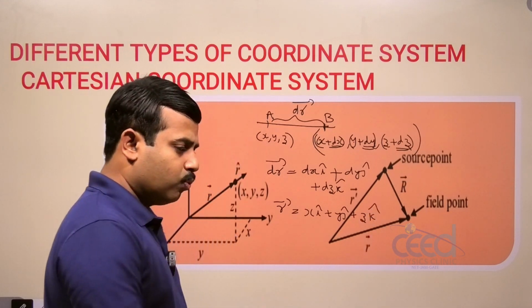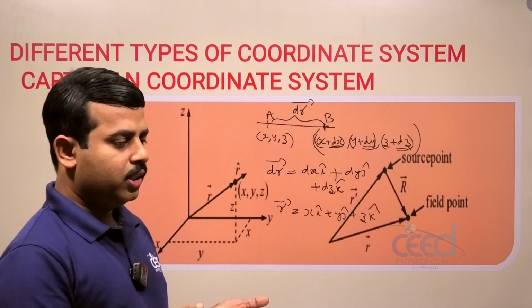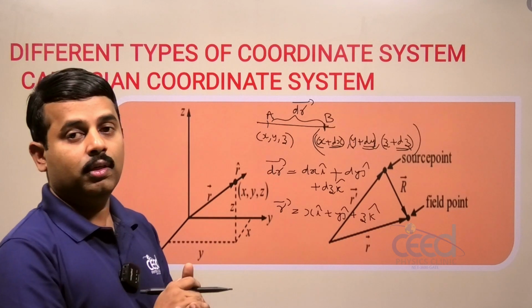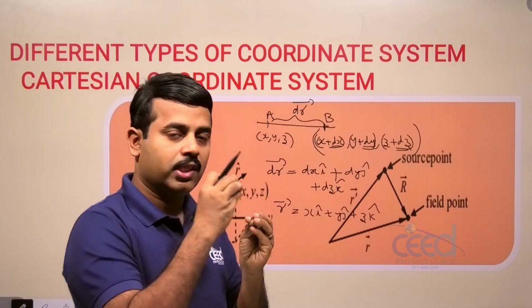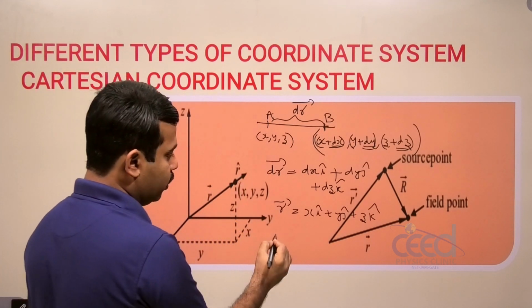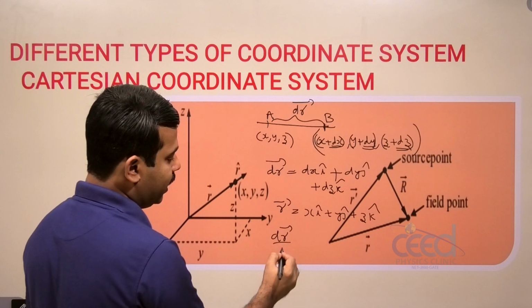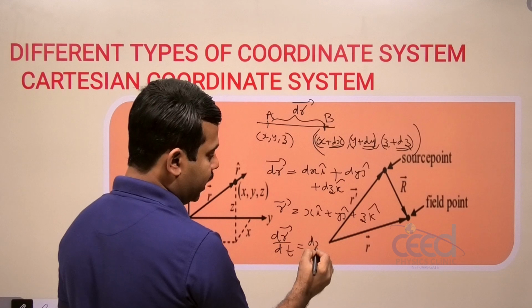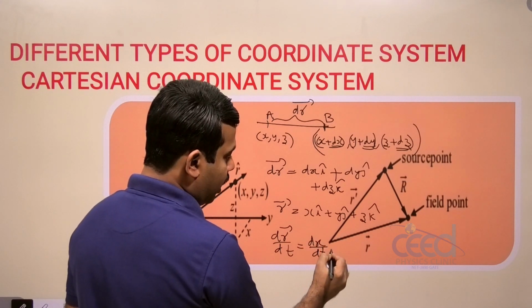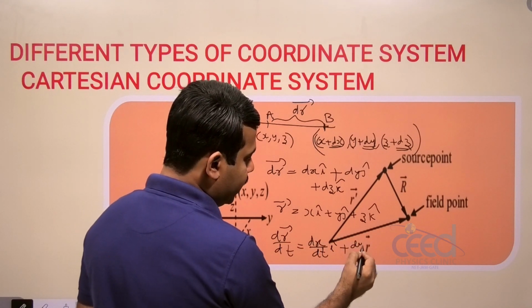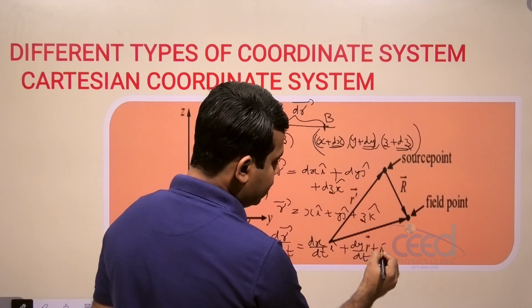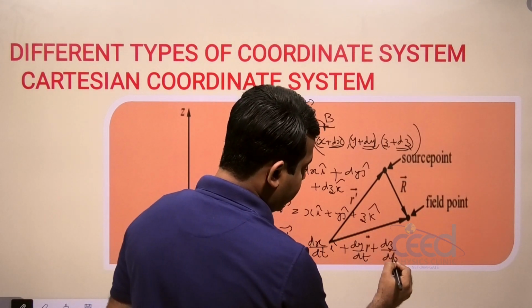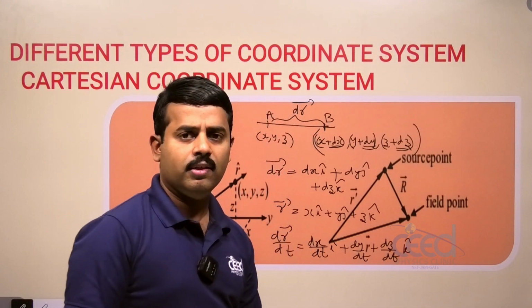Once you know the position vector, and how the point is moving, velocity you can find as dr by dt, that is vx, dx by dt i cap plus dy by dt j cap plus dz by dt k cap. This we all studied.